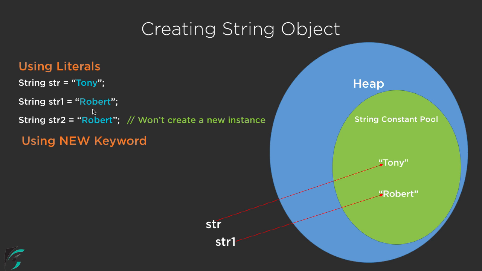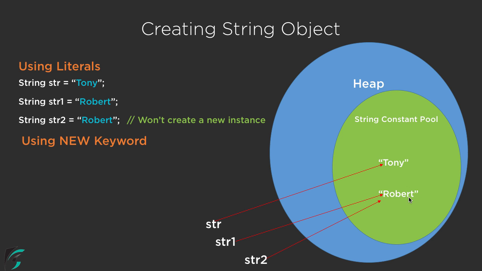If you notice here, this Robert and this Robert are totally the same. So when we create a new reference variable equal to Robert, this time it is not going to create a new instance of the String class. It will simply create a new reference variable str2, and this str2 will point to the same object of Robert.